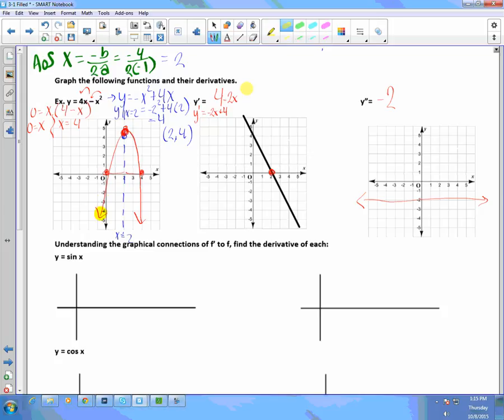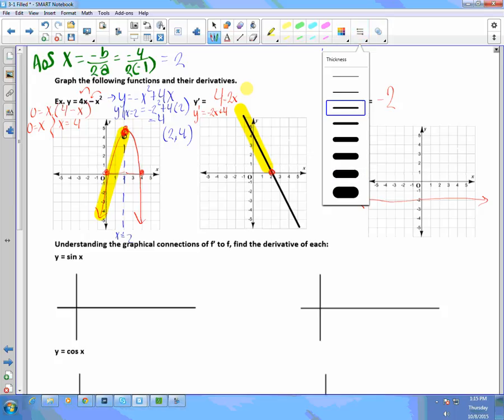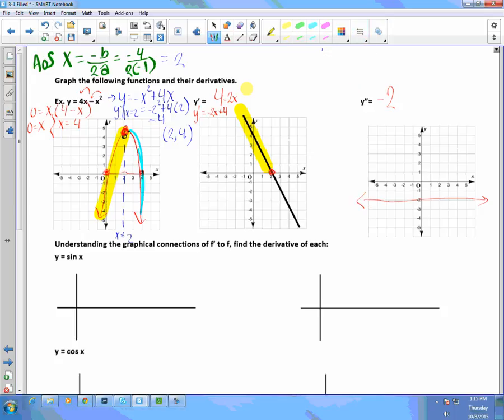Then we talked about when the graph is increasing, what the slope is as it's increasing. Positive. So that section until x equals 2 is positive numbers, so it's above the x-axis. Then when the parent function is decreasing, the slope is negative.